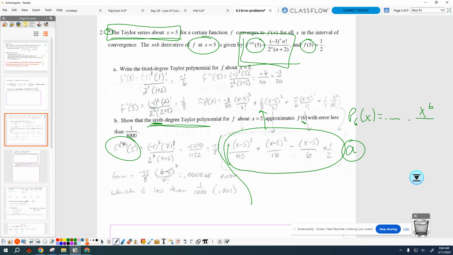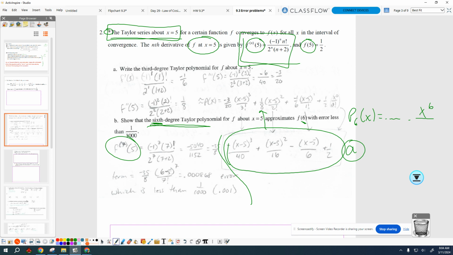Like, how do you figure out that? X minus function. So this is like the error.